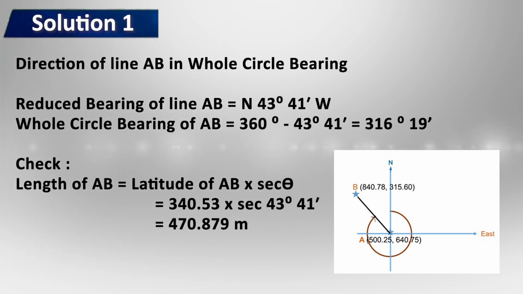We know that the length is latitude of AB into secant theta, so 340.53 into sec 43 degrees 41 minutes will give you the length of line AB, which is equal to 470.879 meters. So it is approximately the same. This check you need to show at the time of solving the question.